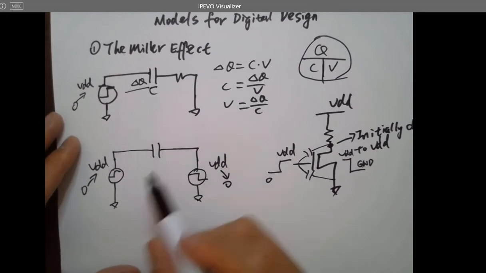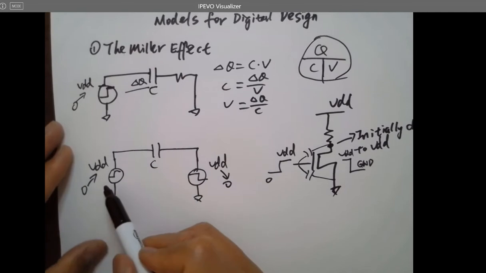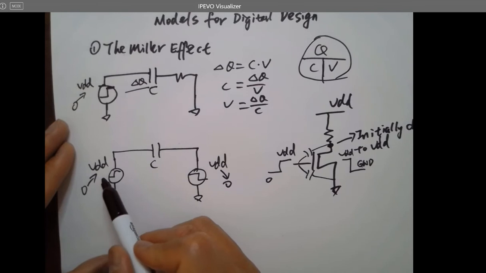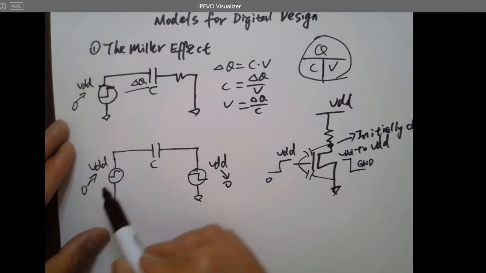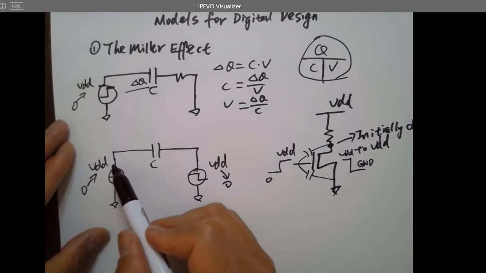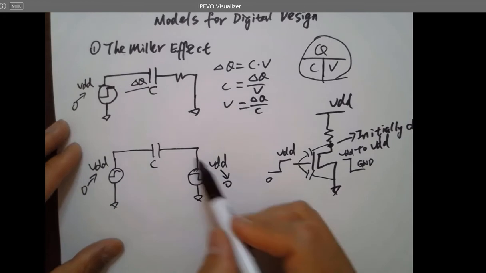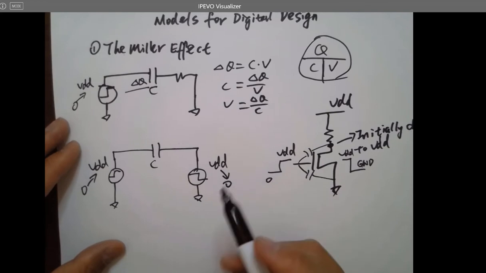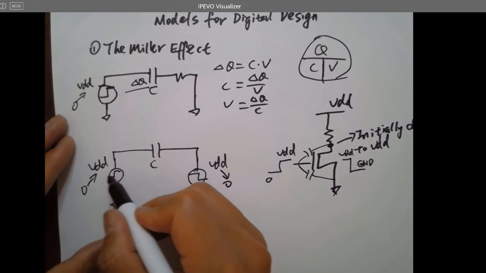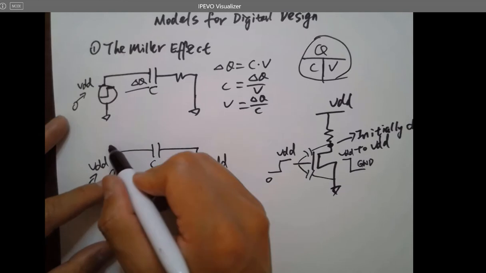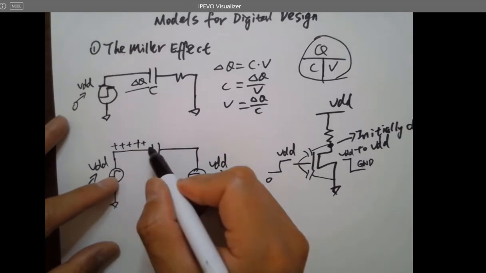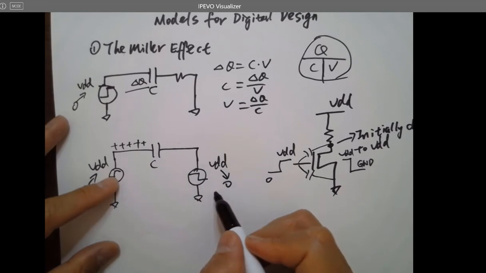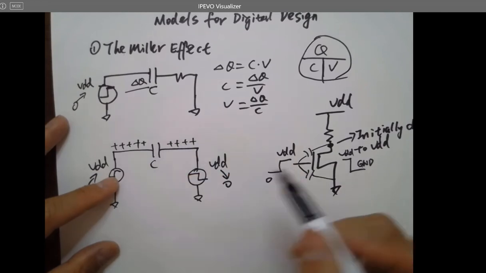Okay. So when one source is pulling the voltage from 0 to VDD, and the other side is pulling VDD down to the ground, it's doing the same job, because whenever this is being put up to VDD, it's pushing the positive charges to the plate, and also when this is being put down to the ground, this is also drawing the positive charges to the ground.